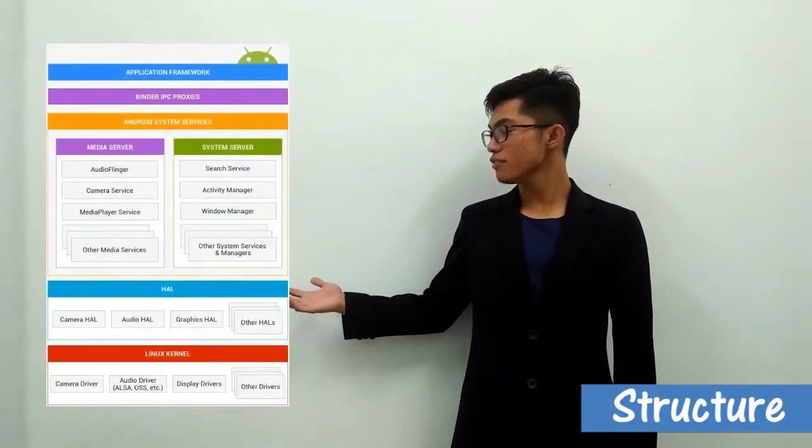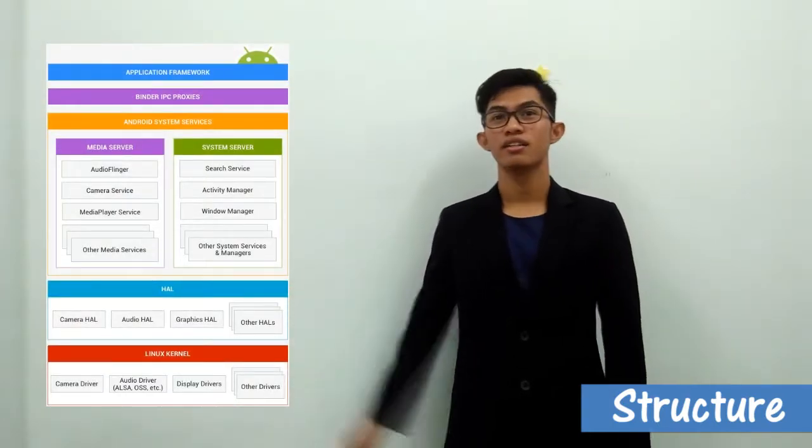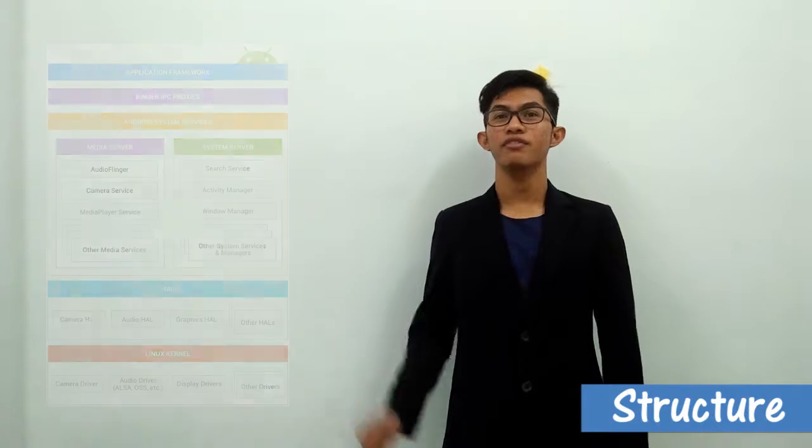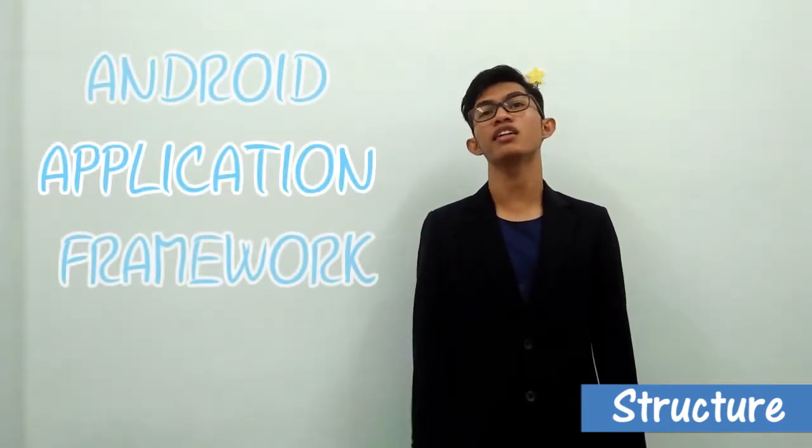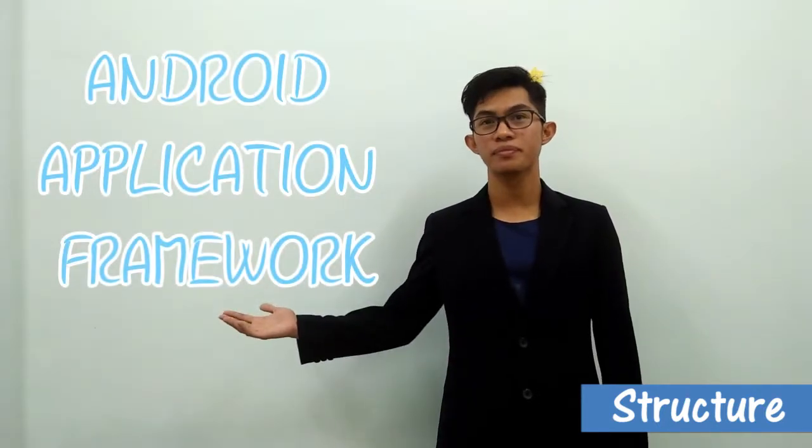As you can see from the image, there are 5 different layers of the Android operating system. The first layer is the Android Application Framework. This application framework is used by the application developer for Android.